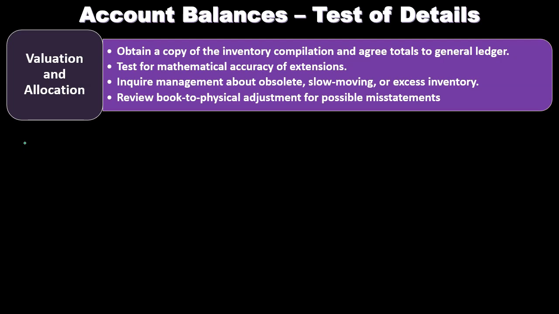Review book to physical adjustment for possible misstatements. Book to physical adjustment, you will recall that typically we're thinking that the inventory is going to be on a perpetual inventory system. It's going to be updated as we go, which will typically be the case in a more sophisticated type of company, as opposed to what you'll recall as a periodic system, where we count the inventory and are completely reliant on the count to determine how much was sold.